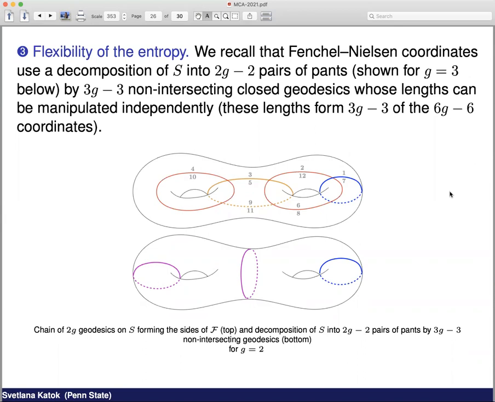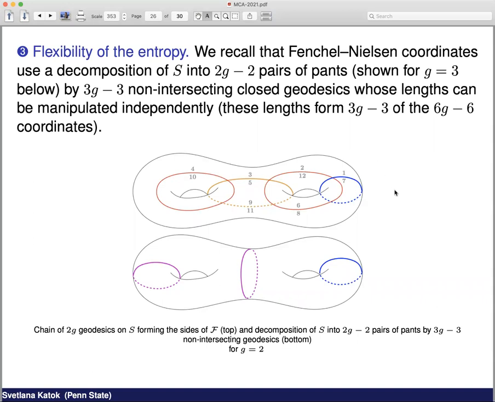I didn't use Fenchel-Nielsen coordinates before, but now we need to use the decomposition of S into 2g minus 2 pairs of pants. Actually, this is g equals 2. Sorry, we had a picture in the paper for g equals 3, and then we decided that everything should be for g equals 2.